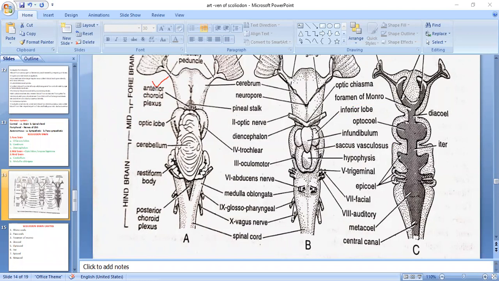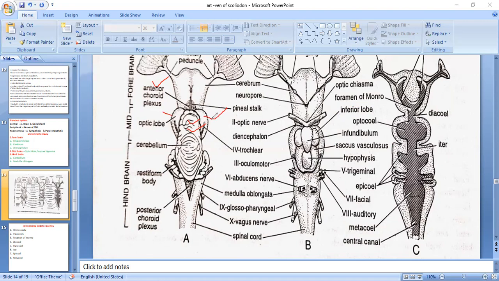Then the midbrain. Dorsally the midbrain is almost covered, by the cerebellum, and ventrally it is covered by the infundibulum and its associated lobes.